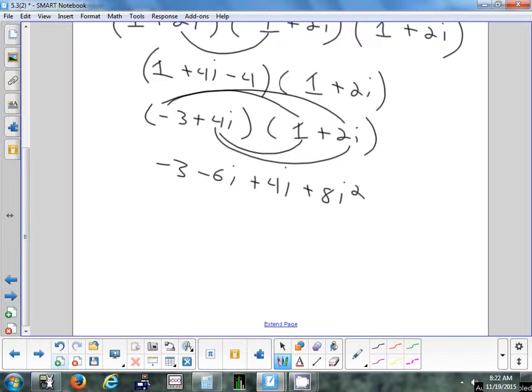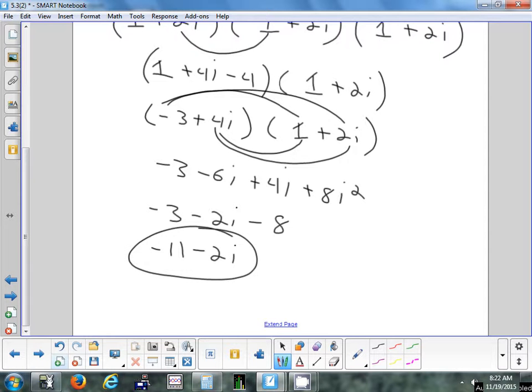I combine my like terms. I have negative 6 plus 4 is negative 2i. And what's 8i squared? Negative 8. So my final answer, what's negative 3 take away 8? Negative 11. Negative 11 minus 2i.